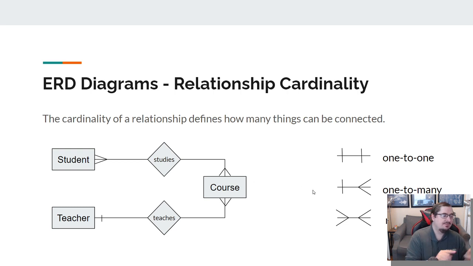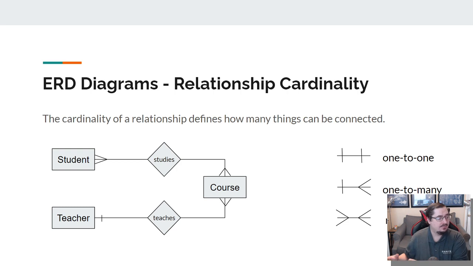If I said it was many to many, what does that mean? Because that means something more. A course could have multiple lectures, and a lecture could belong to multiple courses. So not only can a course have multiple lectures, I can also put that same lecture into multiple courses.